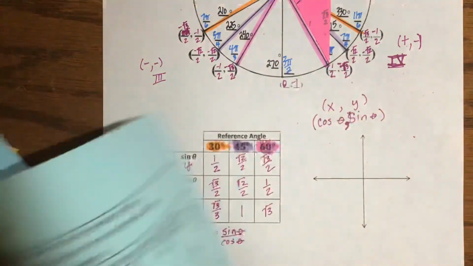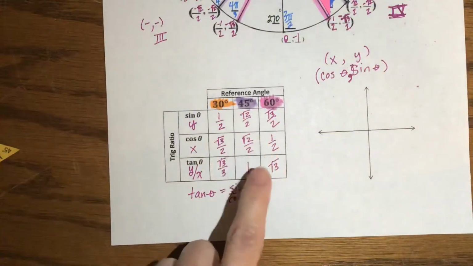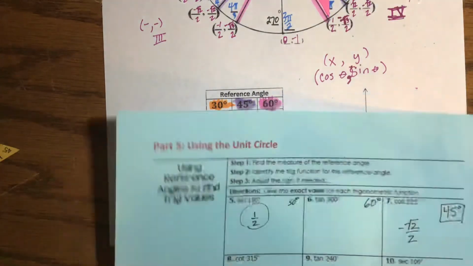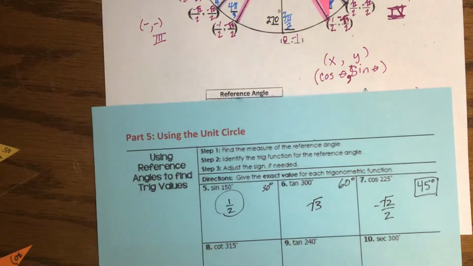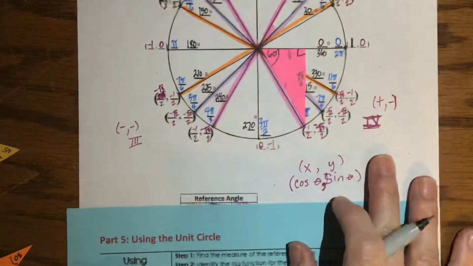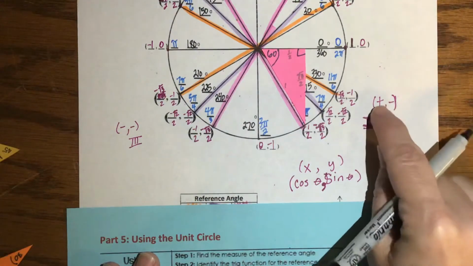Okay? So I'm going to use 60, and I'm asked for tangent. So I can come here. This is why we have this little chart. I know that the tangent is the square root of 3. But then I need to think about it for tangent in our fourth quadrant. Tangent is sine over cosine, y over x.